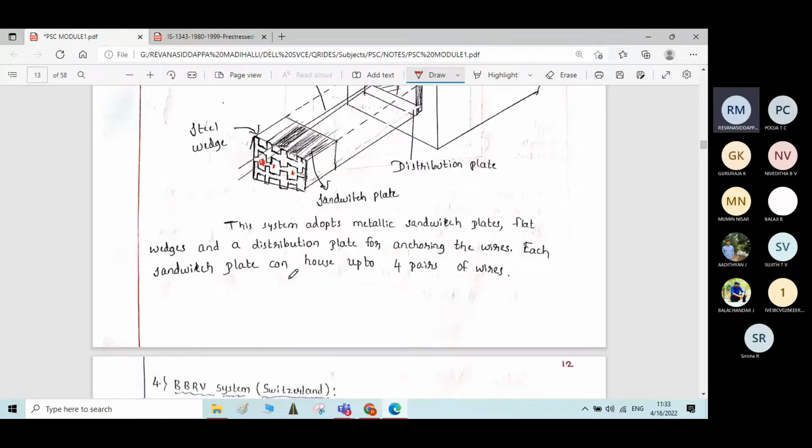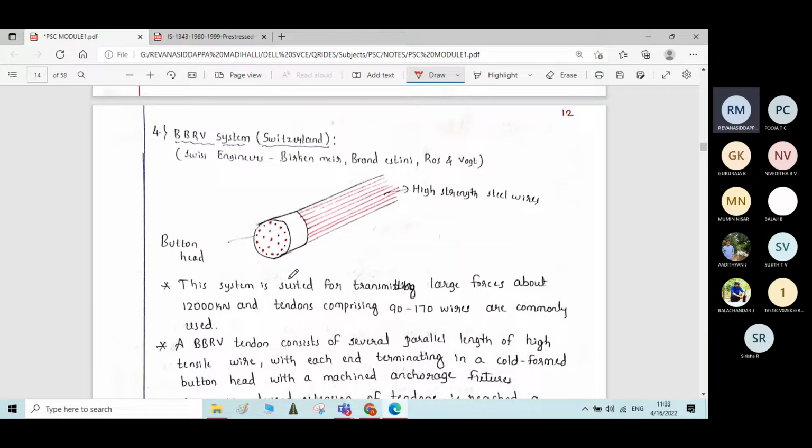Then coming to the BBRV system. The letters stand for the Swiss engineers Birkenmaier, Brandestini, and Ros, who developed this system. This is also a most commonly used system.